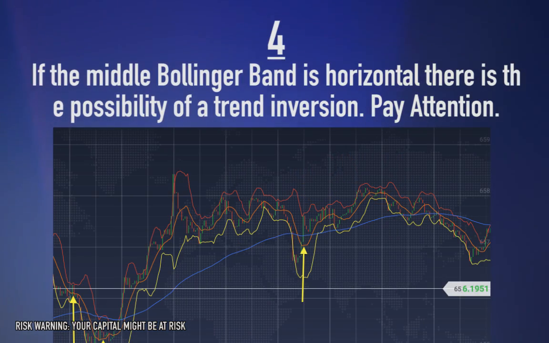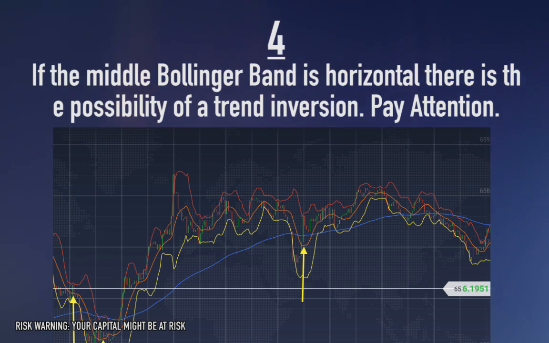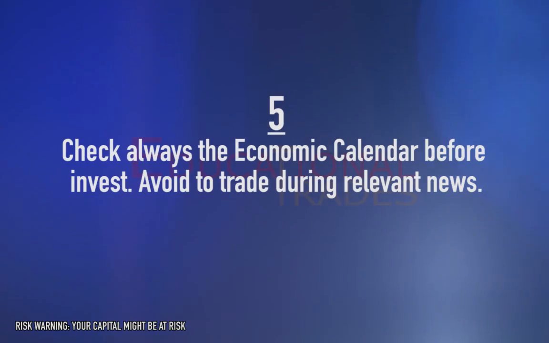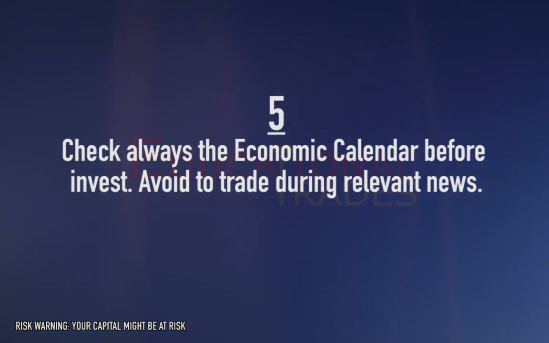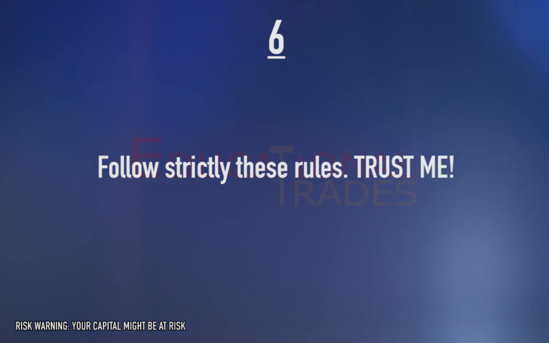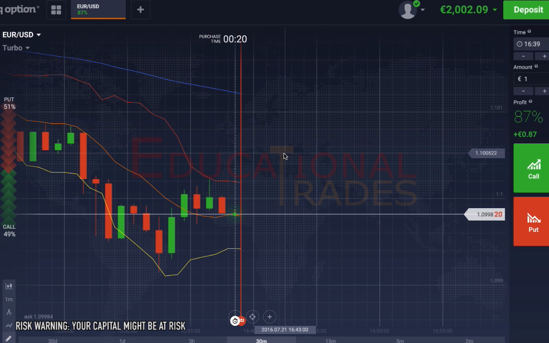If the middle Bollinger Band is horizontal, it can mean a trend inversion. Pay attention. 5. Check always the economic calendar before invest. Avoid to trade during relevant news. 6. Follow strictly these rules. Trust me.